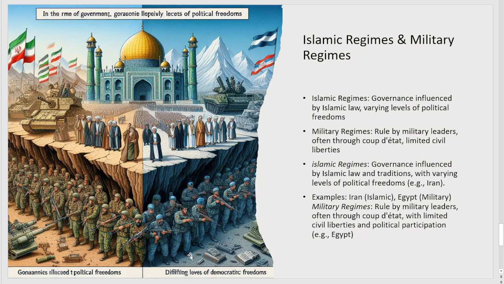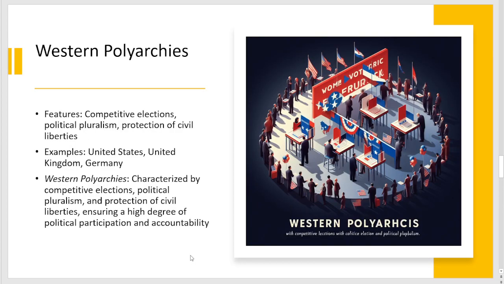So when you look at these different political systems, let's look at the state and society relationship. In a Western polyarchy system, society tends to hold more power through competitive elections, political pluralism, and protection of civil liberties.